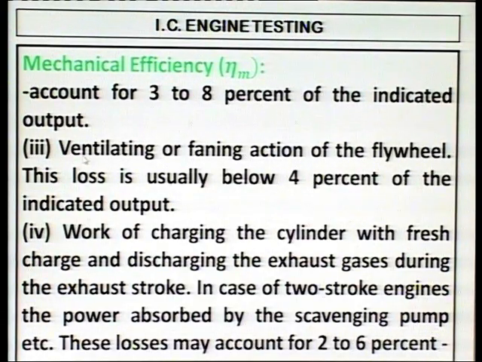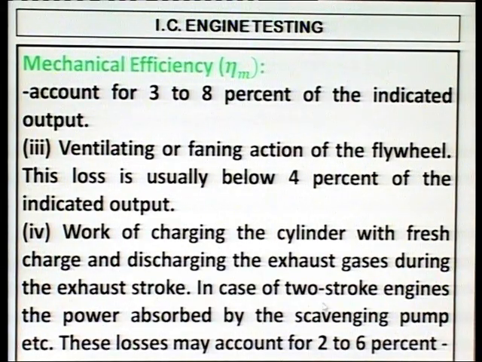Third is ventilating or fanning action of the flywheel. This loss is usually below 4% of the indicated output. Fourth is working of charging the cylinder with fresh charge and discharging the exhaust gases during the exhaust stroke.